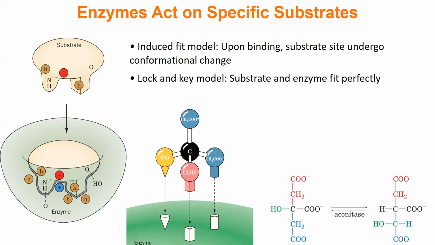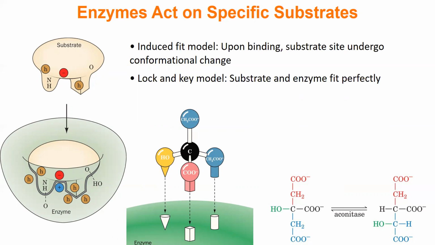Now, let's look at the ways we think of enzymes working on a specific substrate. And there's two types of models that we have. We have the induced fit model, and we have the lock and key model.